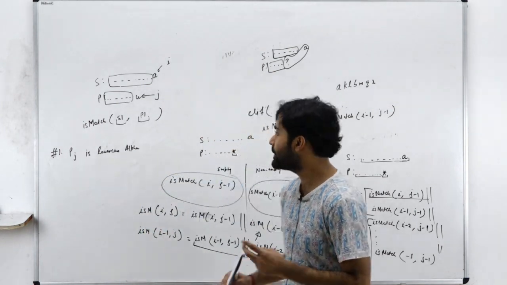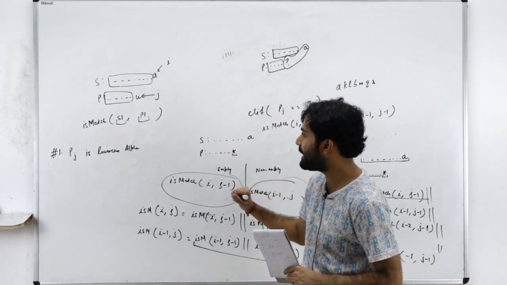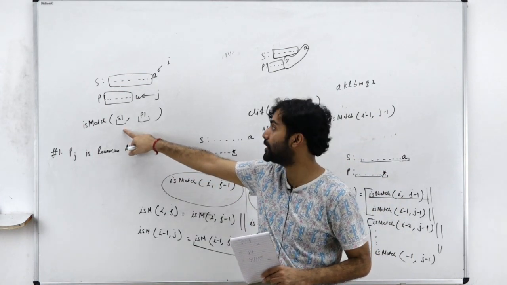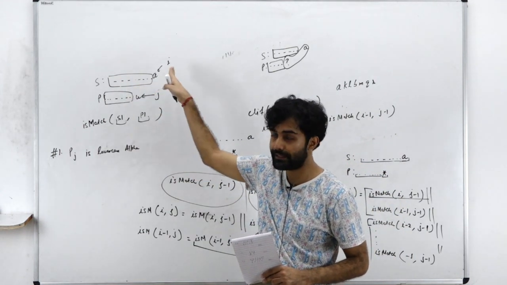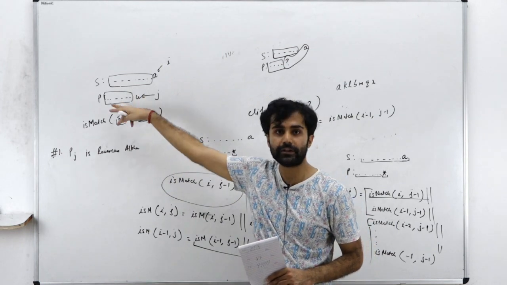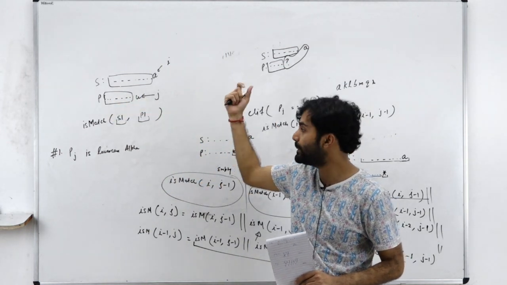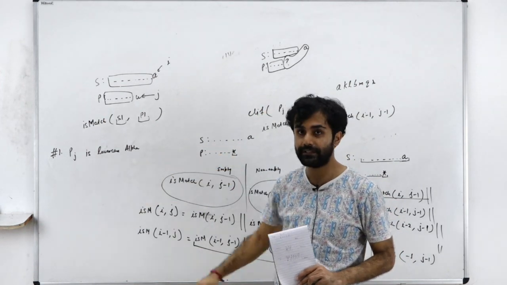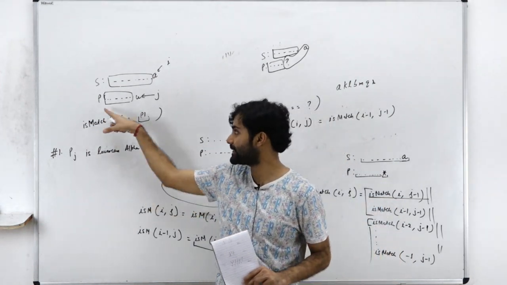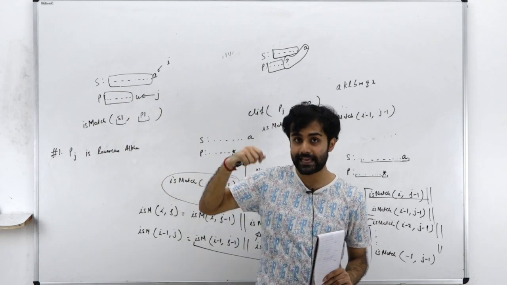That recursive code will just have index i, which will denote my string s from 0 to i, and index j, which will denote my pattern p from 0 to j, and then it will do its job, based on the conditions, whether the last character of pattern p was an alphabet or not.